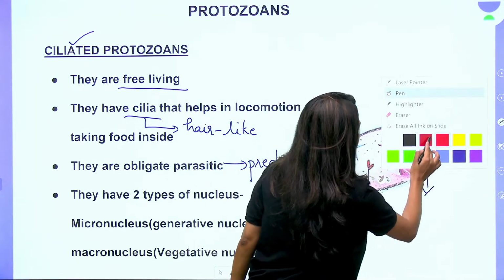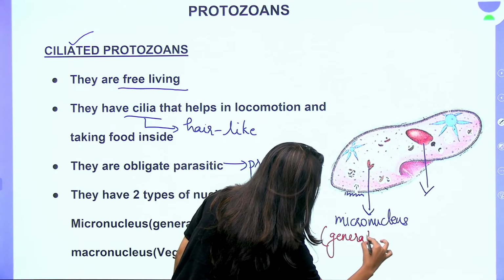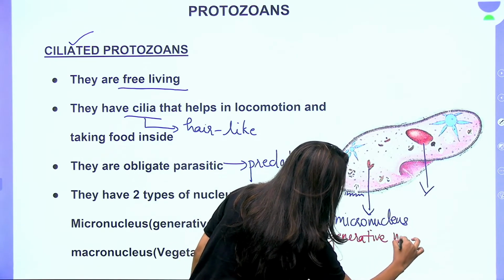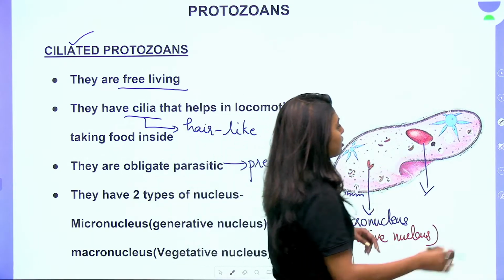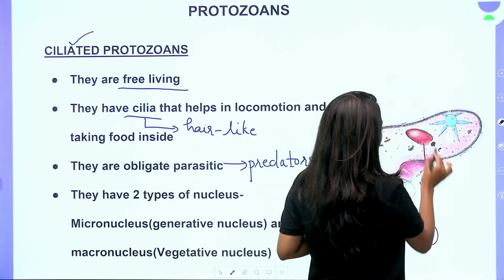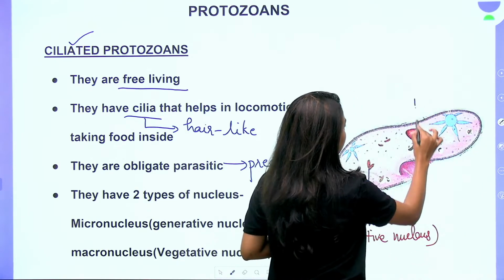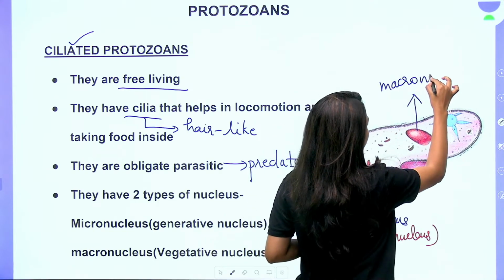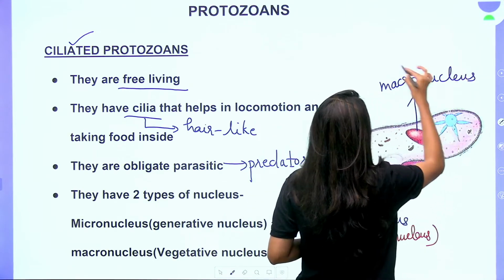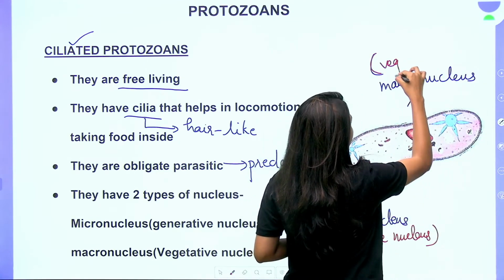And the bigger one that you are seeing is your vegetative nucleus, or macronucleus. You can also call it vegetative.